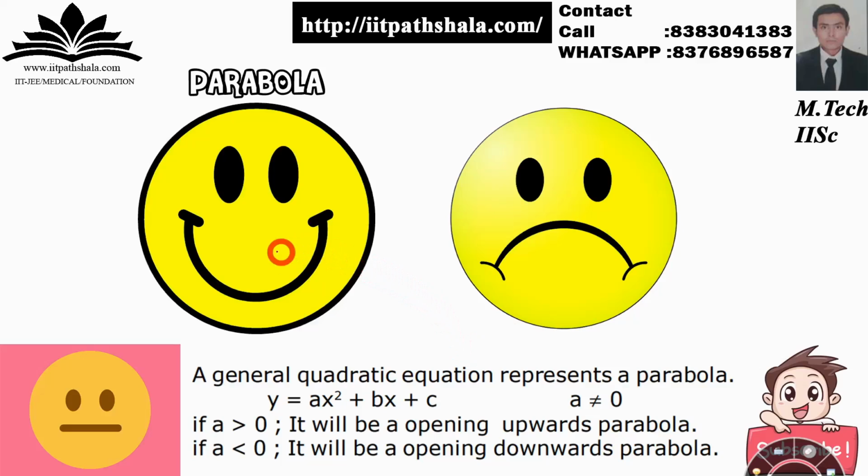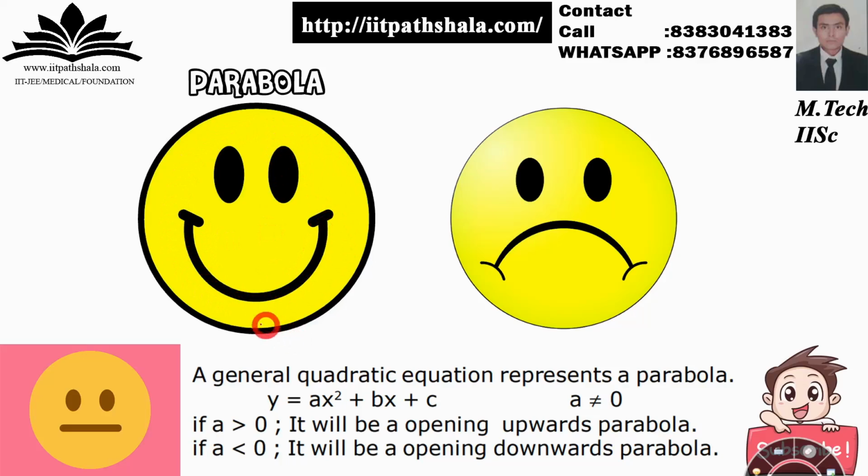Now guys, as you can see over here, I've made two faces. The first one is the smiling up face, the second one is the sad face. From the equation itself, y equal to ax square plus bx plus c, if a is greater than 0, then you have a parabola which opens in the upward direction, which is represented by a smiling face.